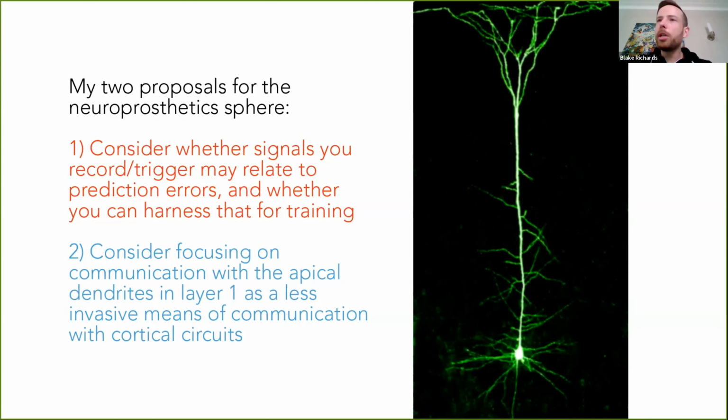And so if you could communicate with the apical dendrites, you might actually be able to guide learning in the neocortical microcircuit. And this is kind of the point that I had ended on here, in part, that it might be a way for you to actually tap into the brain's inner plasticity system and not just rely blindly on the brain's ability to adapt to your neural prosthesis, but to actually have a guided learning strategy within the brain.